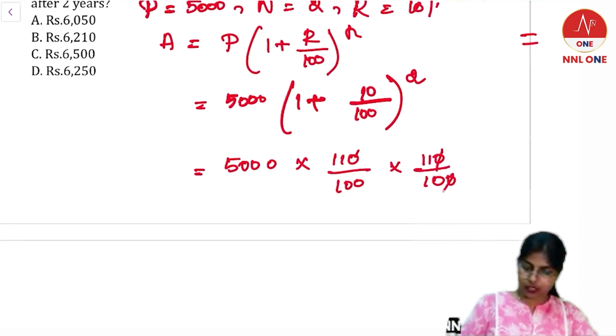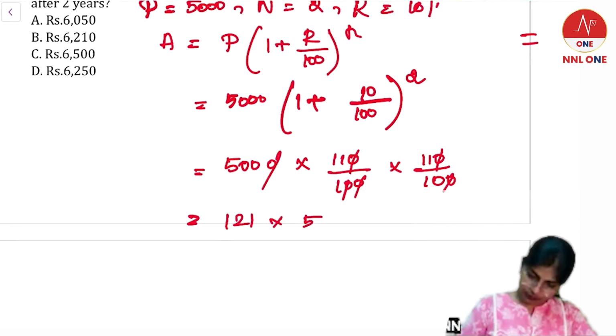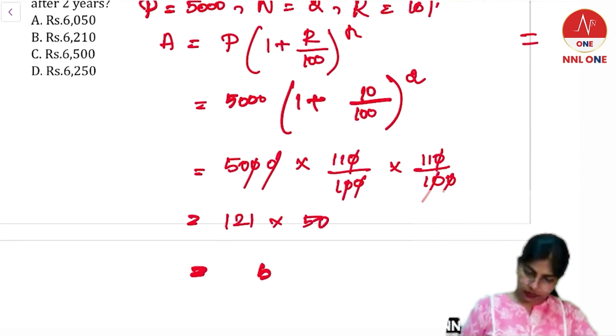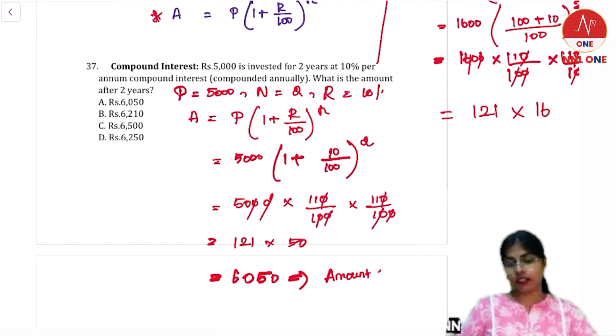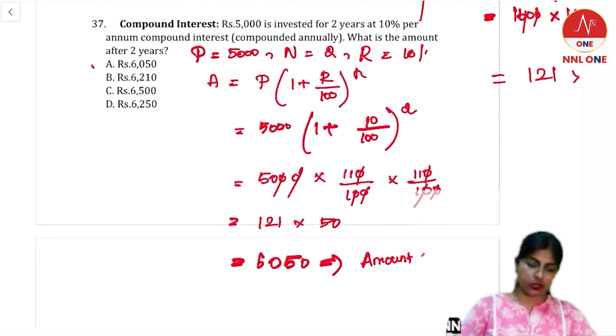We can cancel 0, 0 here, 1, 0, 1, 0 here. So 121 into 5. I think we can cancel another thing. 5, 1, 5, 5 2s are 10, 6, 0, 5, 0 is your resultant answer. Okay, this is the amount. If they ask you what is the compound interest, you have to subtract the principal amount from it, so that you can find the compound interest. So 6050 is the answer.